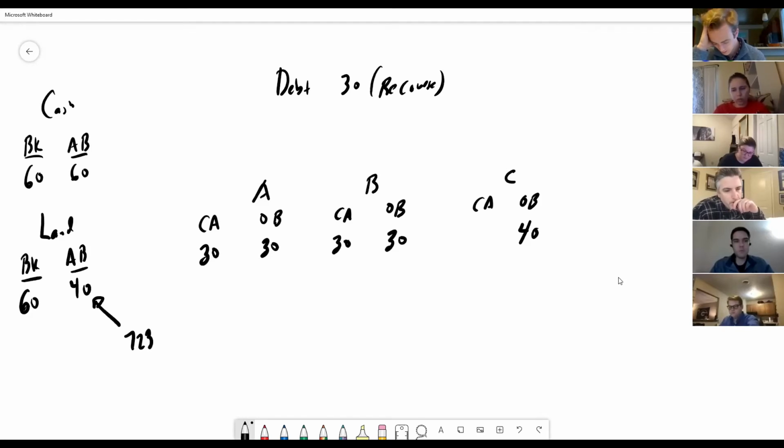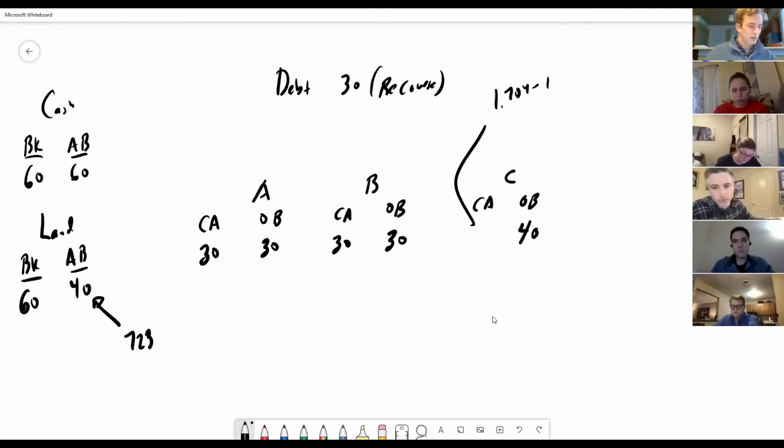What do the capital account rules say? Let's go back to those capital account rules, the basic capital account maintenance rules. It's going to be 1.704-1(b)(2)(iv)(b).